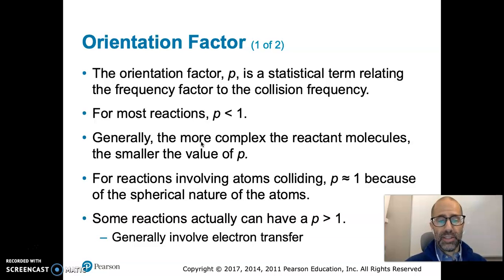For reactions involving atoms colliding, so we're talking about atoms, not big molecules, P is going to be approximately 1.